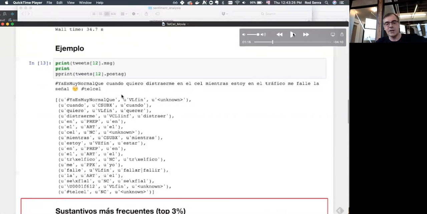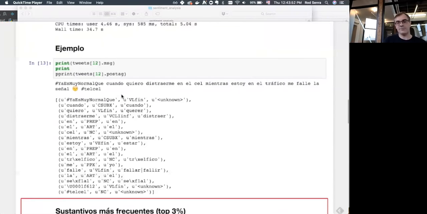And what's happening here? We're getting one tweet, which in this case was this one, which said, when I want to have some fun while I'm in traffic and I don't have signal. And this is the name of the company. And this is an emoticon, which is kind of sad. So it's saying, damn, I'm driving here.